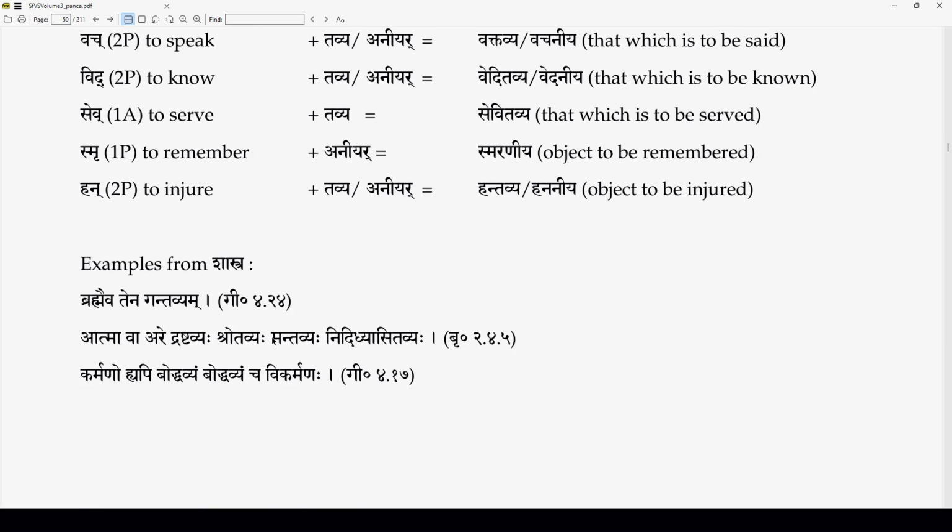How do we know whether a dhatu is set or anit? By looking at the end form, of course, we know. But just by looking at the dhatu, how do we know? The best way is to look at the dhatu kosha, some dictionary in which set or anit will be specified. In olden times, the original dhatu kosha had the swara in it, udatta, anudatta, swarita added to it.